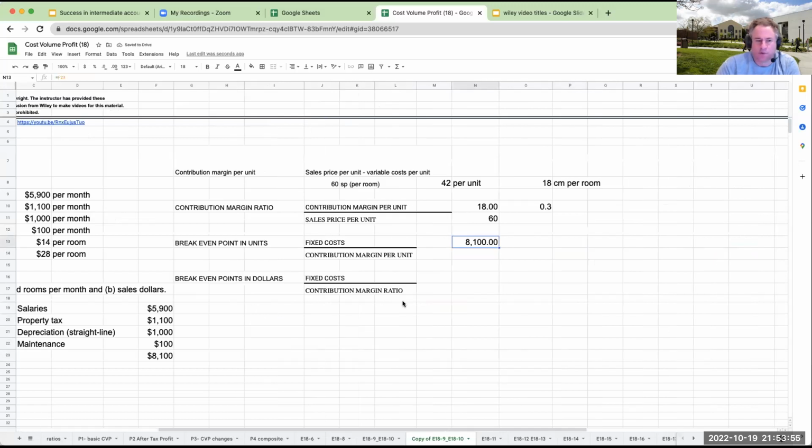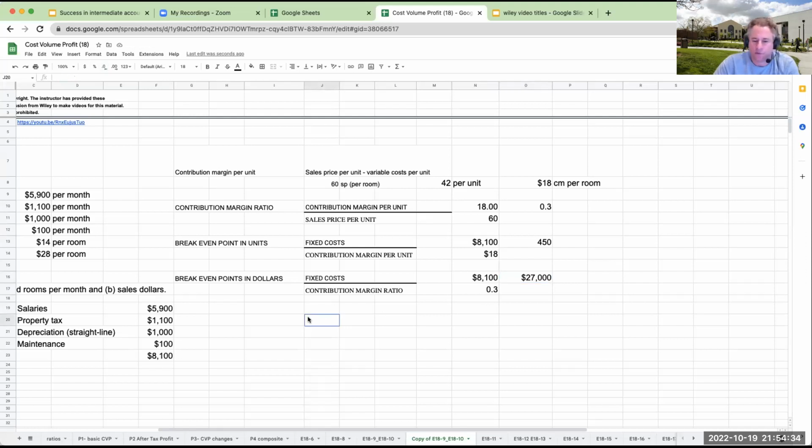My contribution margin per unit is 18. So my break-even point in terms of units is going to be 450 rooms. My break-even point in dollars is going to be the $8,100 fixed cost divided by my contribution margin ratio, or 0.3. This means I'm going to have $27,000 break even in terms of sales.